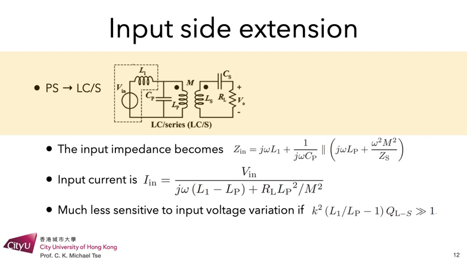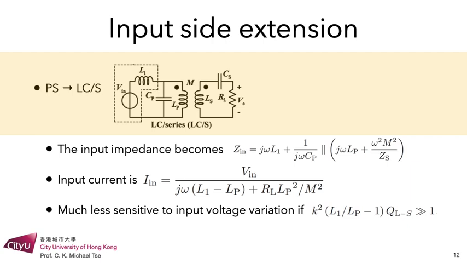And we are able to generate the input impedance formula and also the input current, from which we are able to identify the condition for the circuit being less sensitive to input voltage variation. This is the key point here.